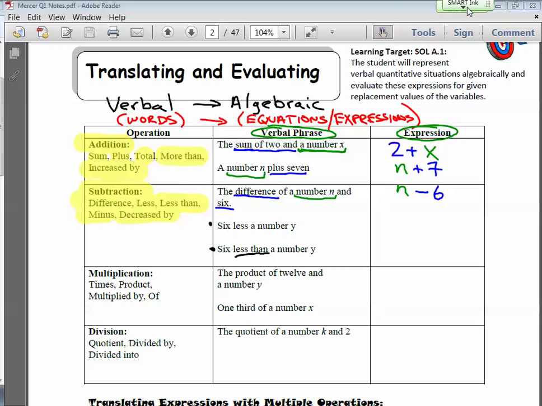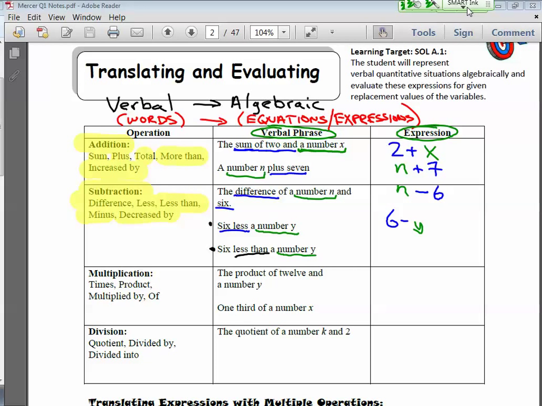Alright, so here's the way it works for these. First of all, I know my variable is going to be y, and 6 less a number y means I start with 6 and I less it by a number y. So that would be 6 minus y. Look at the difference with the next one.